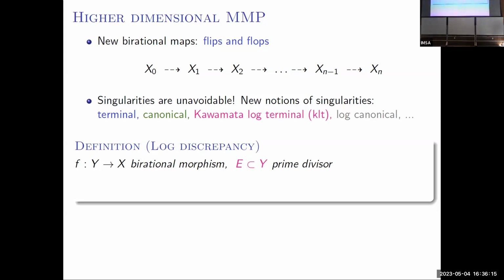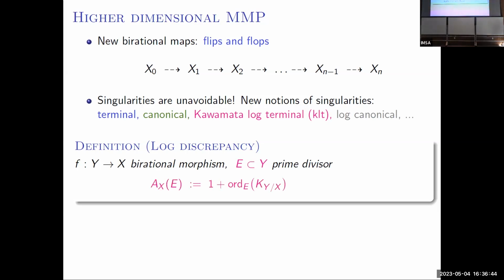And now, because this is a birational morphism, it will restrict to an isomorphism on some dense open subset. The canonical classes of X and Y on this open subset are the same. And so they will be different exactly on the divisors where I don't have an isomorphism.